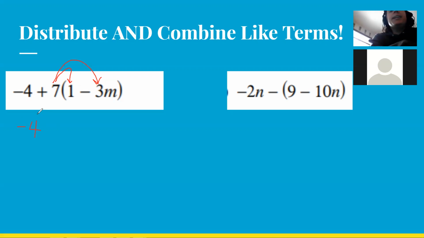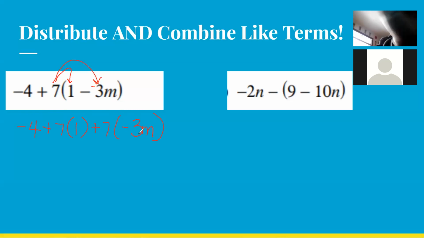So we bring the -4 down, and then we distribute that 7 by multiplying. Oh, and we have a minus there, so we can change that to plus negative. And then what would I get if I simplify this a little further?